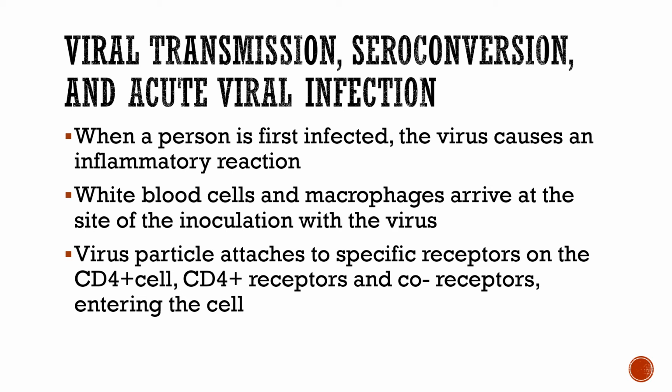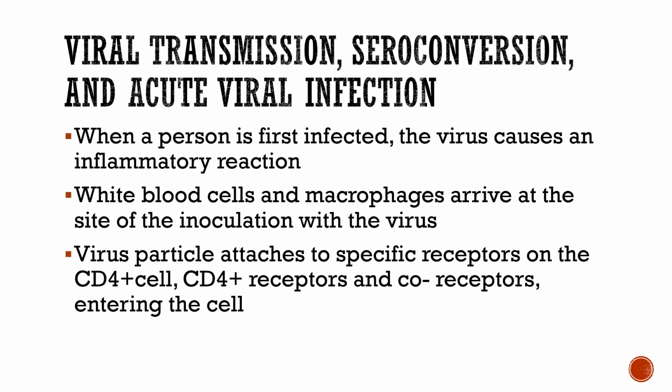We talked about it with the inflammatory process and infectious diseases. So it is always, always, always, ladies and gentlemen, going to come back to an inflammatory process. The white blood cells and the macrophages will arrive at the site of the inoculation of the virus. And we talked about this.